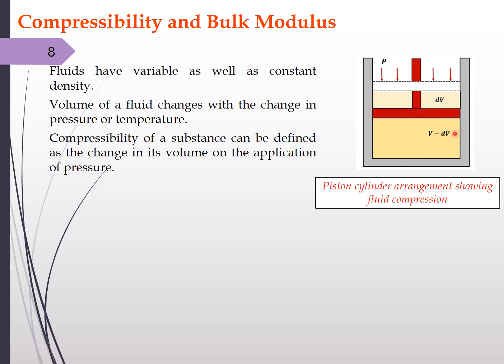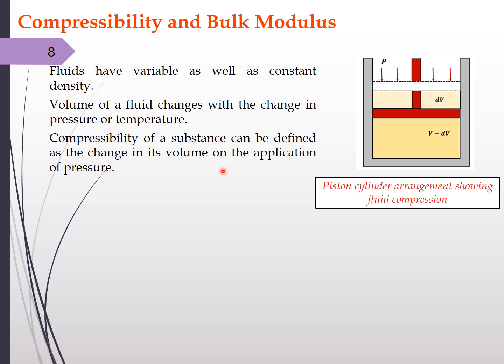Here you can see a piston cylinder arrangement which is showing fluid compression. The initial volume was V, and on the application of some pressure the volume has reduced by dV, and the net volume now is V minus dV. So on the increase in pressure, the volume has decreased.